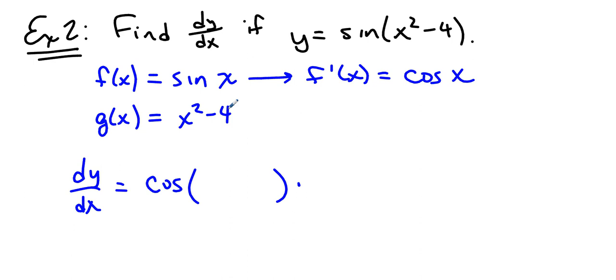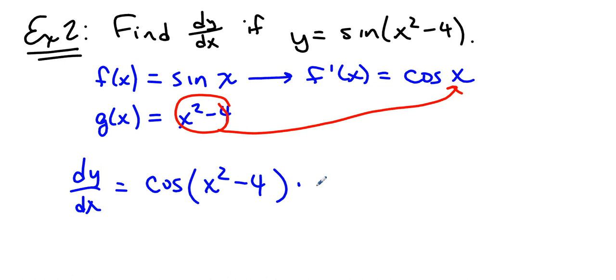So we take this and put it in there, times g prime of x. And we're done. Outside function, derivative, evaluated at inside function, times inside function's derivative. We peel away the layers one at a time.